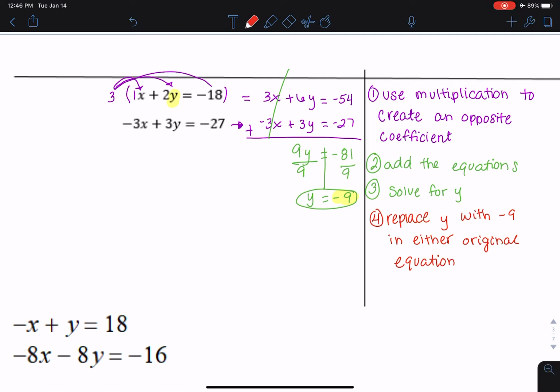So if I choose to put it in this first one, then I take the 1x plus the 2, instead of y, I'm using negative 9, equals negative 18. Now, we're going to solve for the variable I have left, which is x.